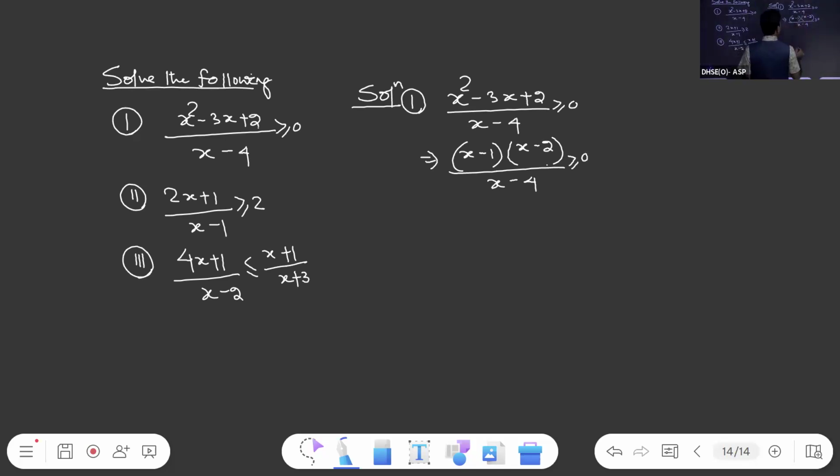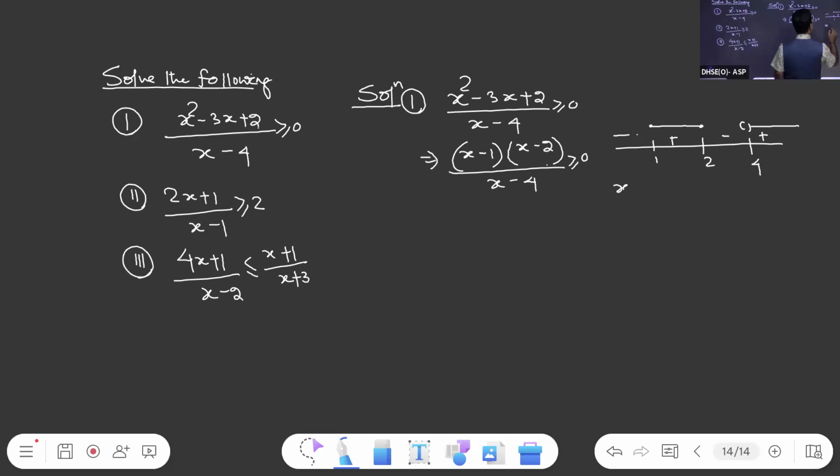The critical points are 1, 2, 4. So plus, minus, positive region 1 to 2, union 4 to infinity. The answer to the first one is x belongs to 1 to 2, union 4 to infinity, right?